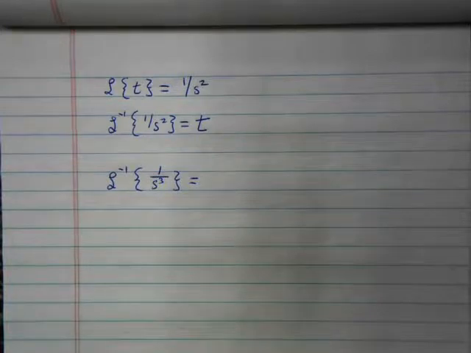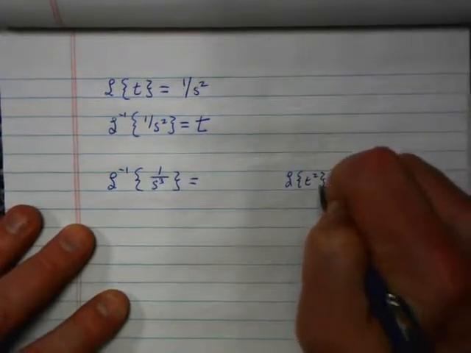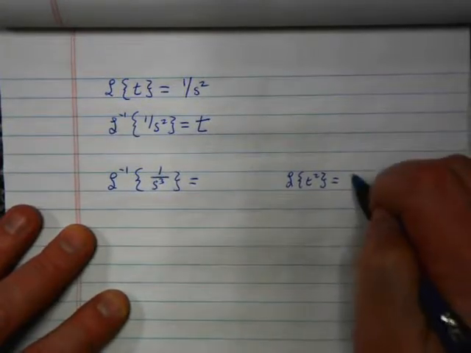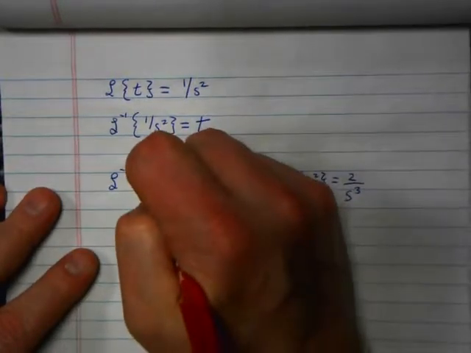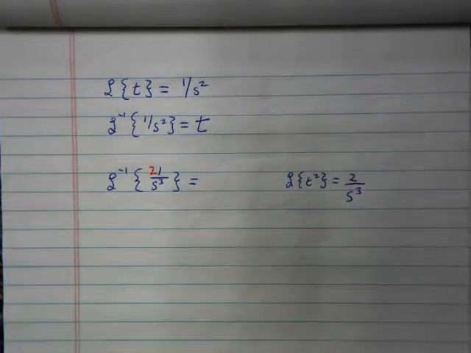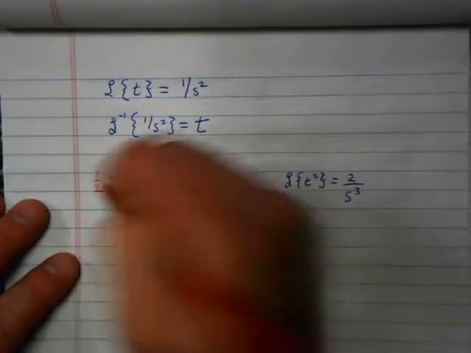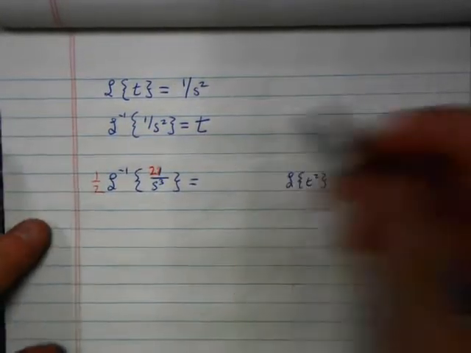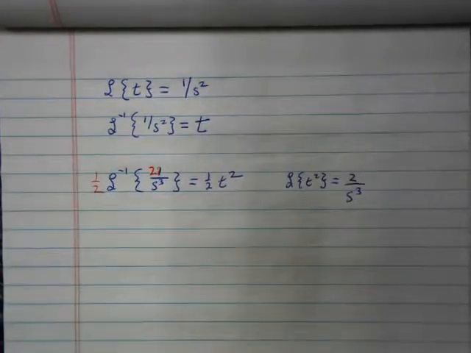Oh, wait, no. Because, remember, the Laplace transform of t squared was what? 2 over s cubed. So it's 1/2 t squared. It's kind of like doing u substitution. I really need a 2 there, so I sneak a 2 in there. But since I'm going to multiply by 2, I've got to divide by 2. So this would be 1/2 t squared.